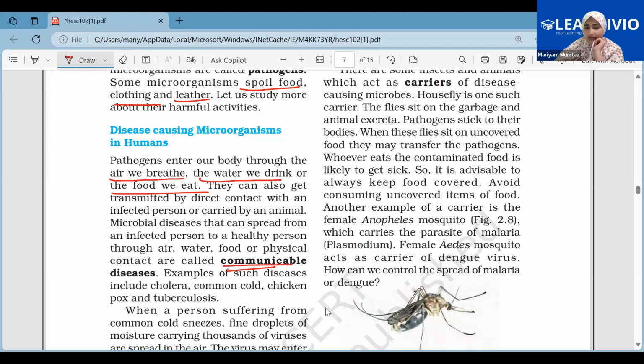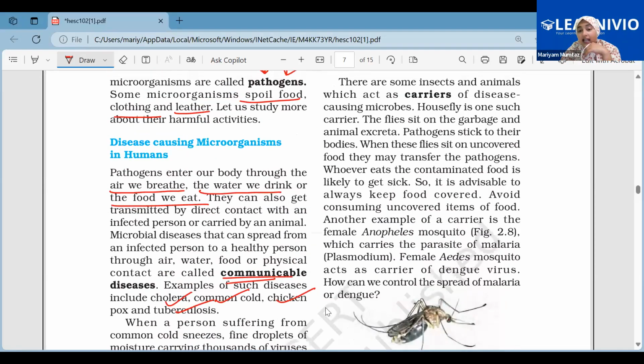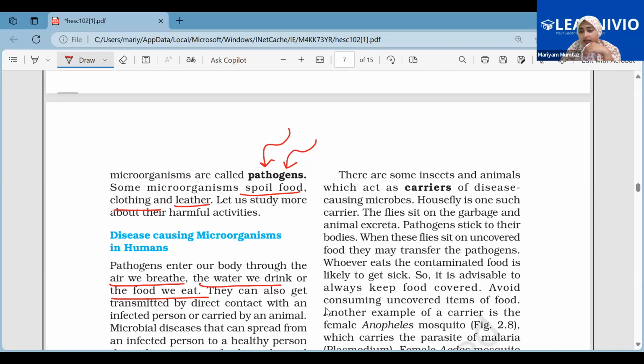It can go from one infected organism to another, such as cholera, common cold, chicken pox, tuberculosis. All of these are examples of communicable diseases. But then the diseases that cannot be communicated, that cannot be spread, we call them non-communicable diseases. Do you know the name of any disease that cannot be spread like that?